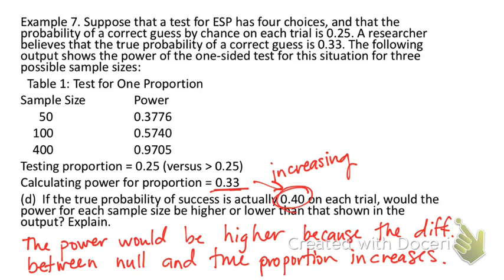So the null is this 0.25. We call that the null. And whatever other proportion they give you is now considered the true one, the actual one from the sample that we took. So you're comparing the null and the true proportion. Is the 0.4 now the true proportion? Yes.